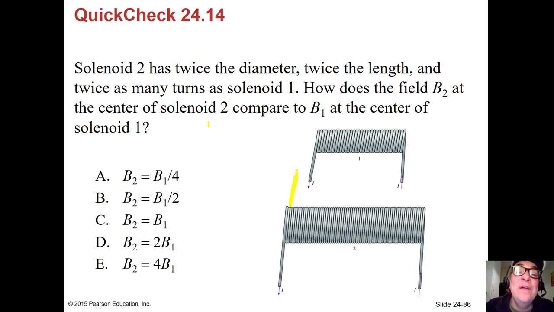N over L is the same. This N over L of the one down here is the same as N over L over here. So if they both have the same current, they're going to have the same magnetic field. Turns ratio is what matters. N over L matters. And if it's the same, the magnetic field is going to be the same if the current is the same. Okay, same turns ratio, same magnetic field strength.